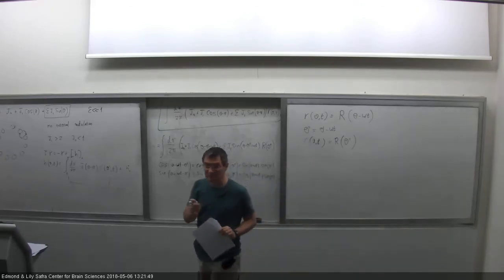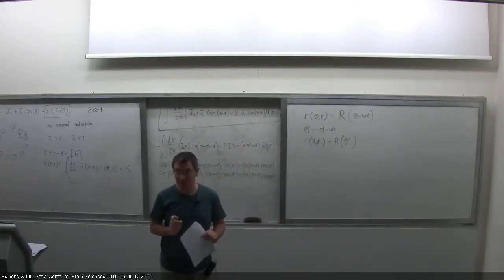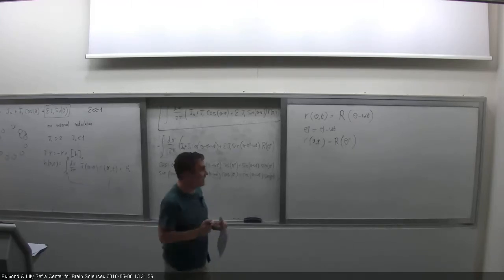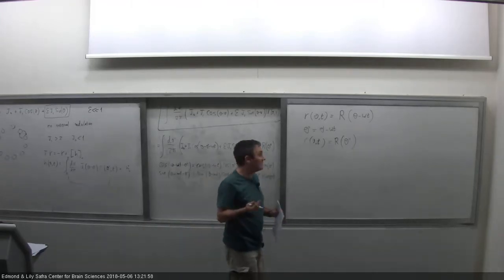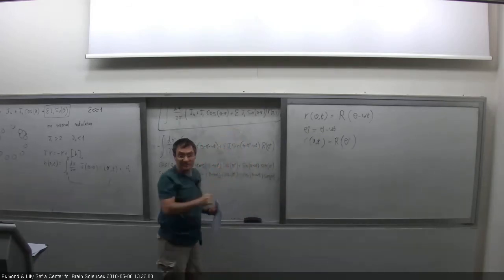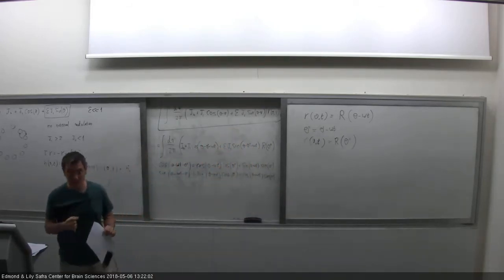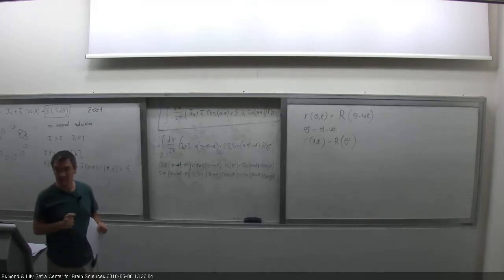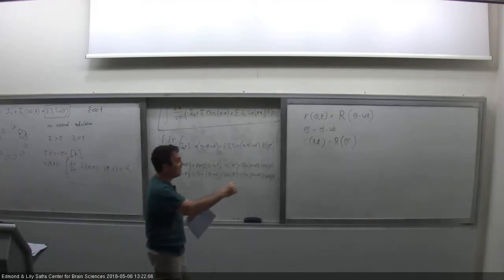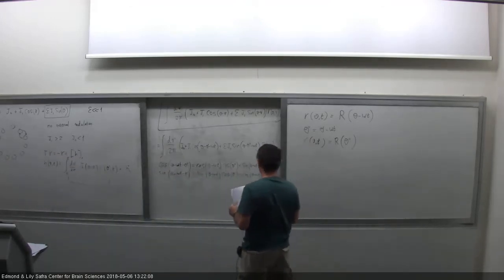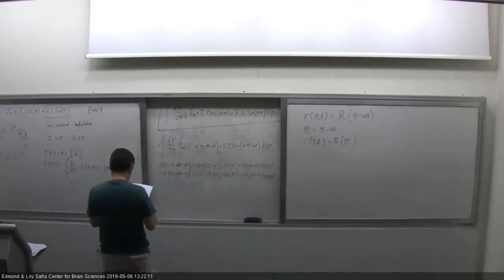We're going to assume that changes in the shape of R are relatively small with respect to epsilon, and this will become explicit in a second.